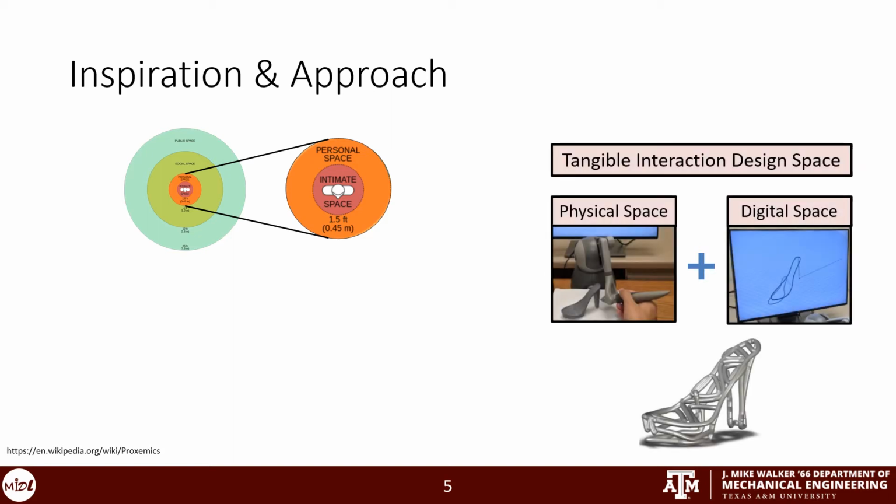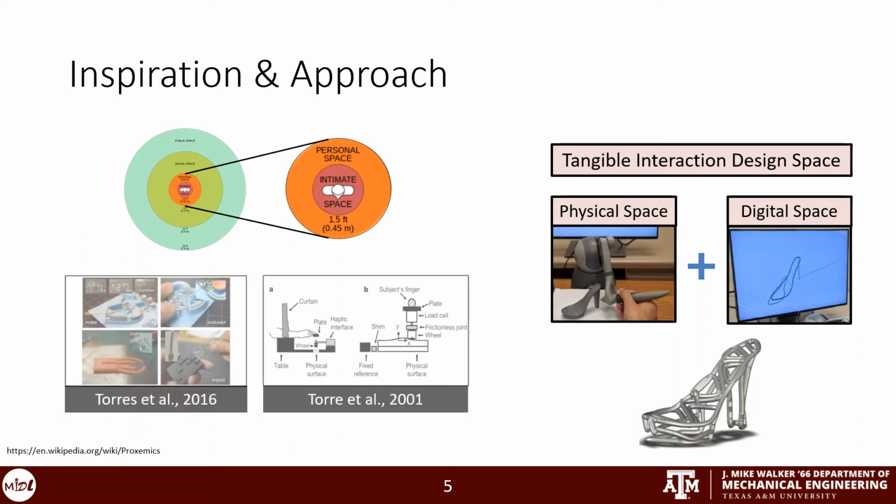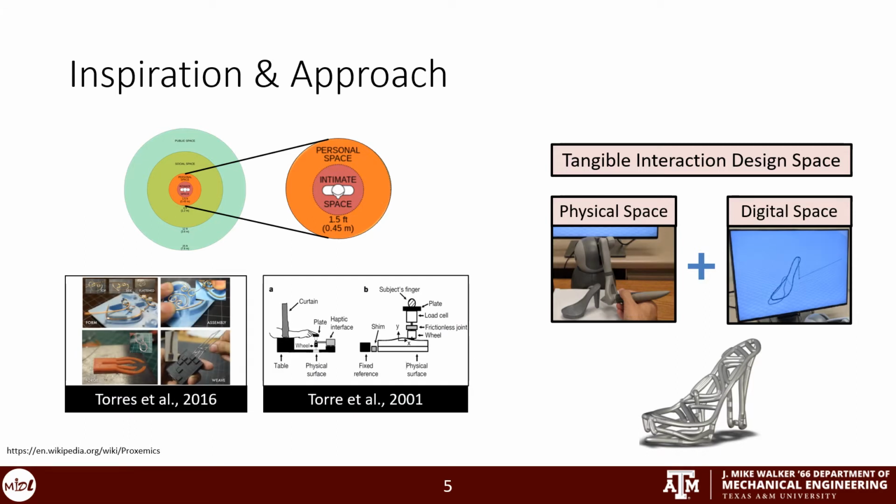To address these challenges, our approach in this work is to create a tangible interaction workflow that integrates physical and digital spaces together in order to provide spatial control to the user during the prototyping task. For this, we present a case where such control can be obtained through direct interaction with the physical objects in closed-range spaces known as the peripersonal space.